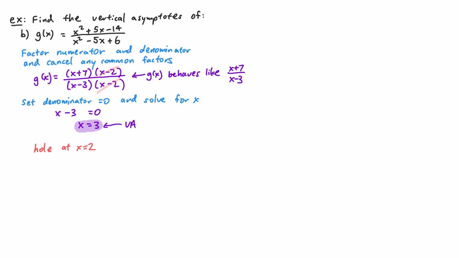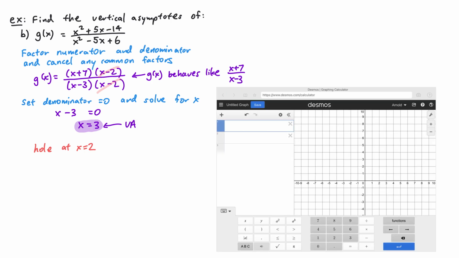Let's confirm this by looking at the graph. So let's graph our function here. We have x squared plus 5x minus 14 divided by x squared minus 5x plus 6.